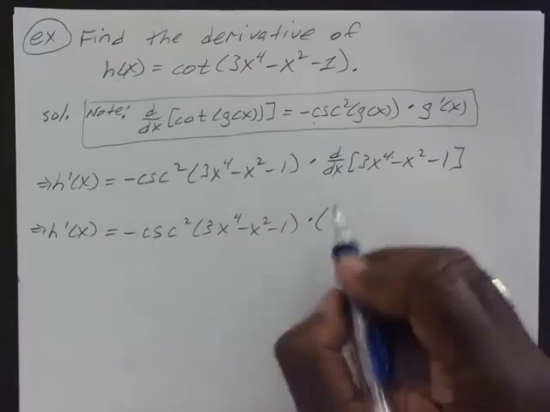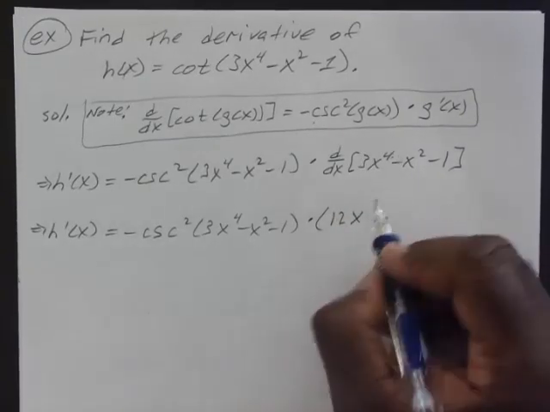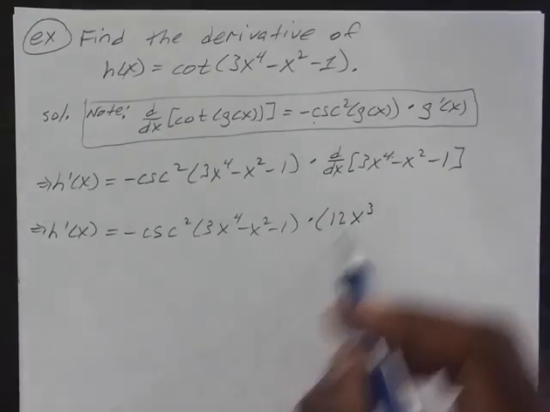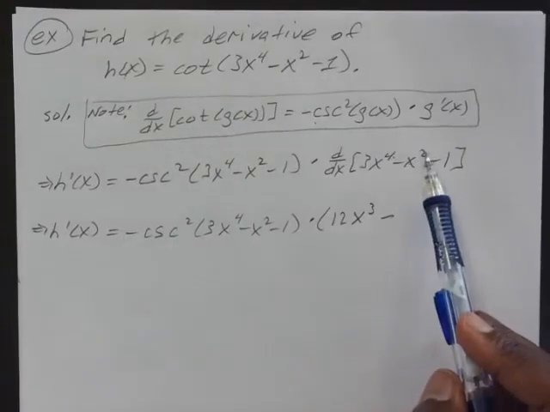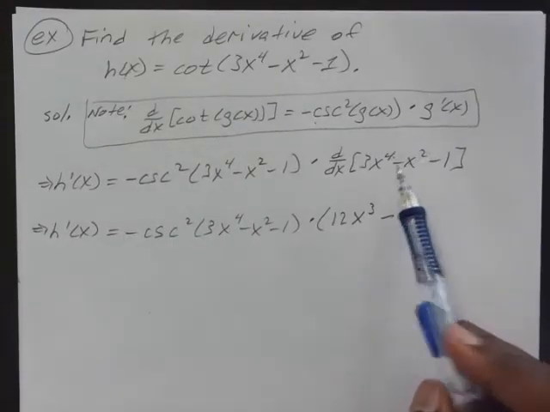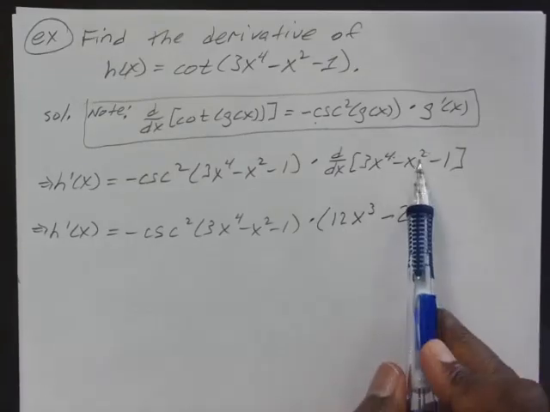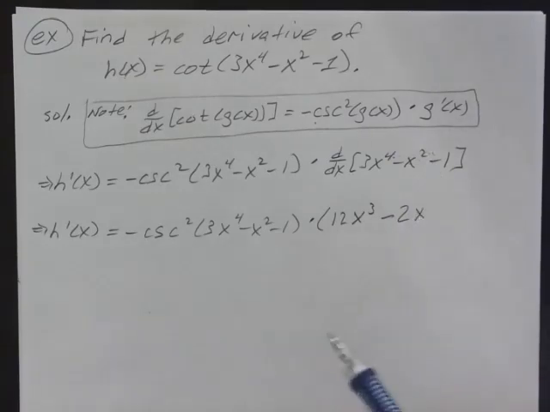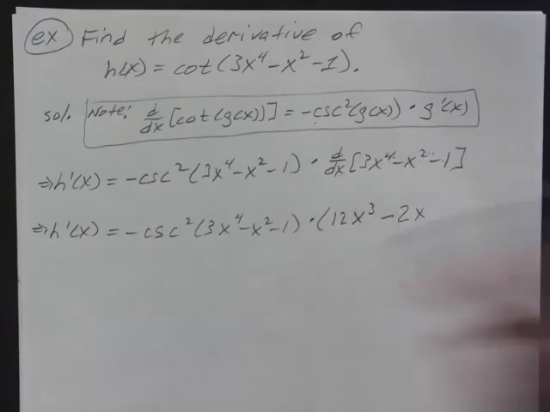So 3 times 4 is 12 times x to the power of 4 minus 1, which is 3. Minus the derivative of x squared. Again, using the power rule, we're going to bring down that 2 times x to the power of 2 minus 1, which is just to the first power, so we can leave that. Minus the derivative of 1 is 0, so that just disappears.